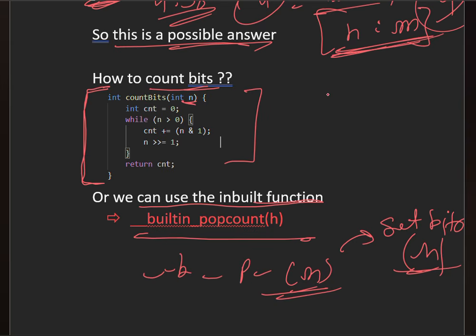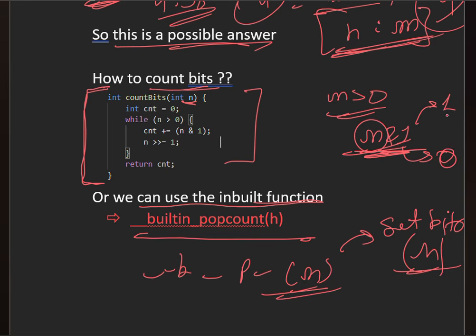What we are doing is while n is greater than 0, we check the first bit, n and 1. What will n and 1 give us? If the first bit of n is 1, it will give 1. If the first bit of n is 0, then it will give us 0. So if it is 1, then we'll increase our count by 1, else we are adding 0. So it will give us the total count of bits, and then we are right shifting our n.